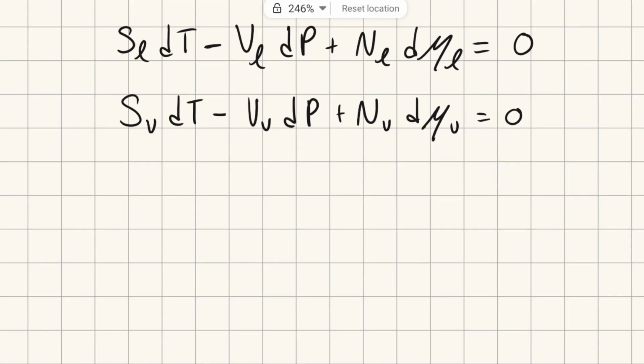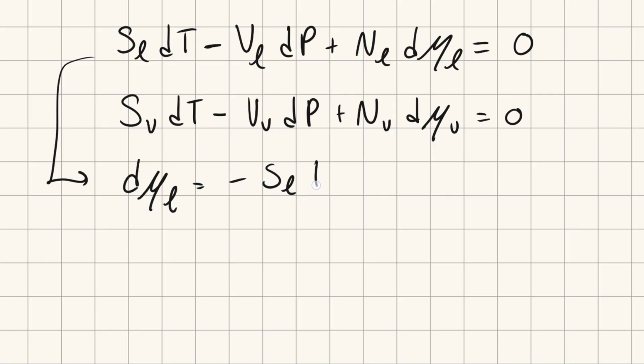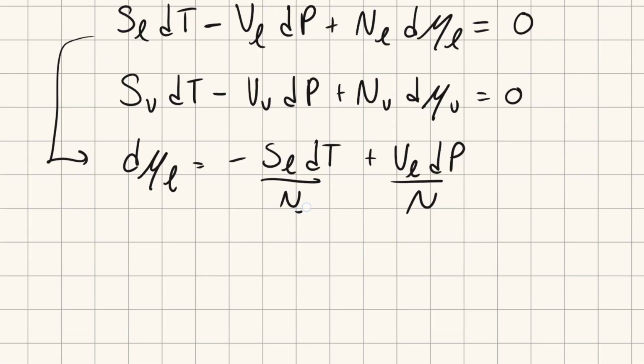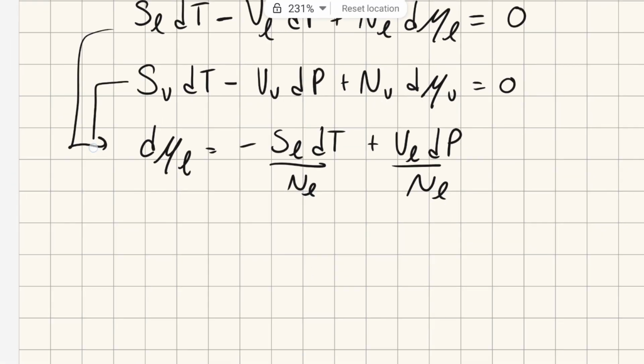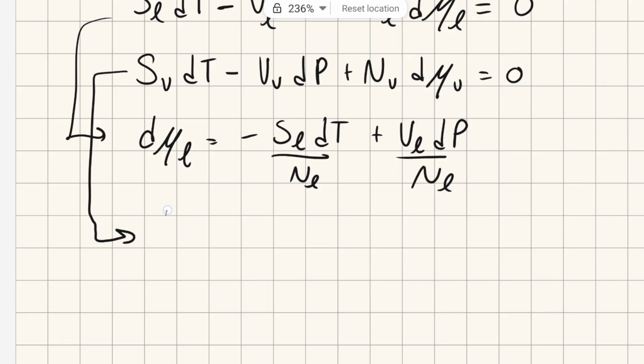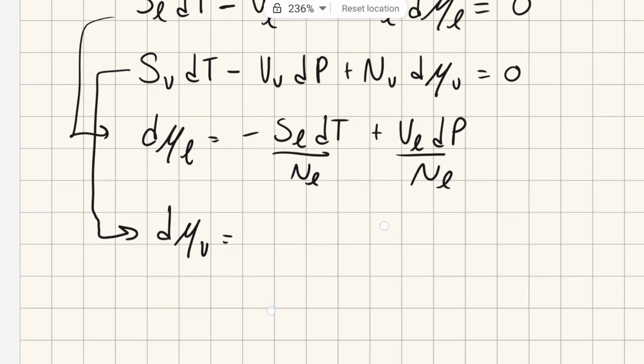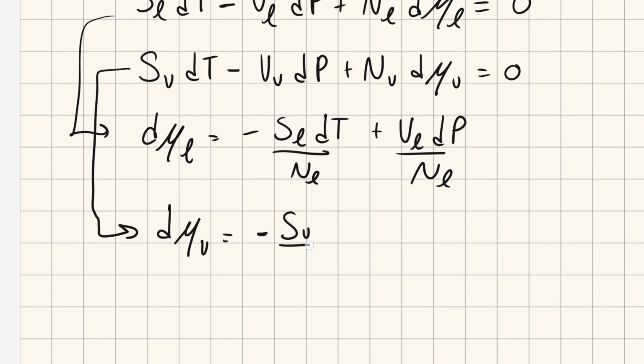If we solve these equations for mu, for the first one we get that d mu_L is equal to minus S_L dT plus V_L dP, all divided by N_L. And then for the vapor equation, we get that d mu_V is equal to minus S_V over N_V dT plus V_V dP over N_V.